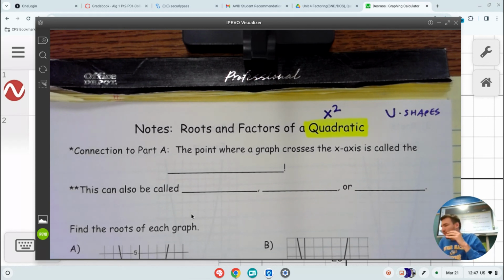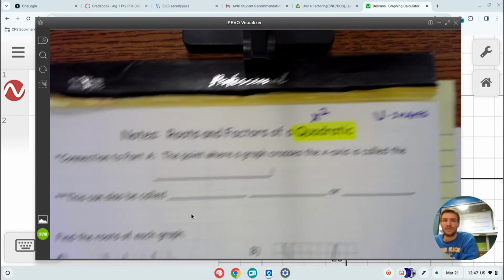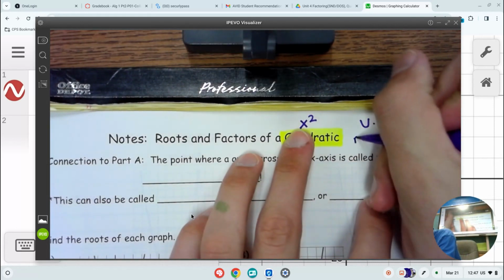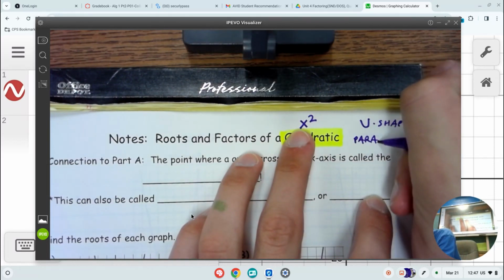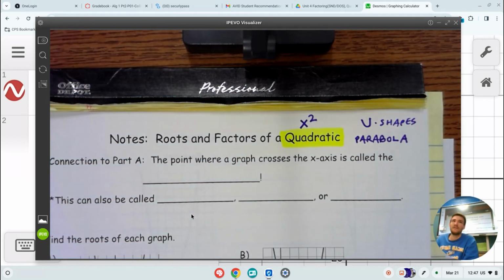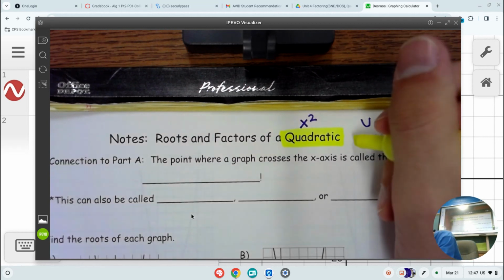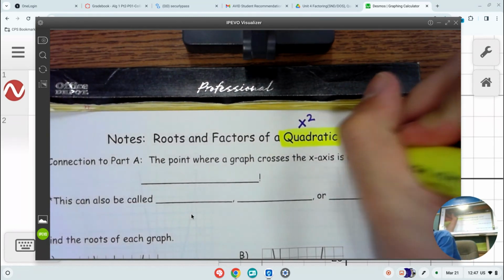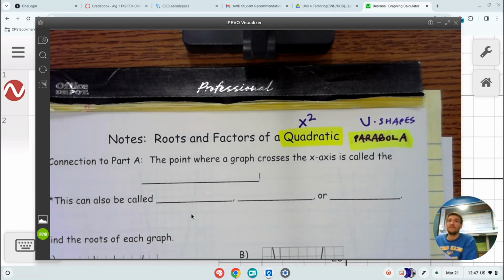And I'll give you one more vocab word that has to do with quadratics, the word parabola. Have we ever heard of a parabola before? Oh my gosh, what kind of math word? We're learning vocab words all of a sudden. A parabola is just a U shape. Obviously, Albert Einstein is not saying U-shaped graph.